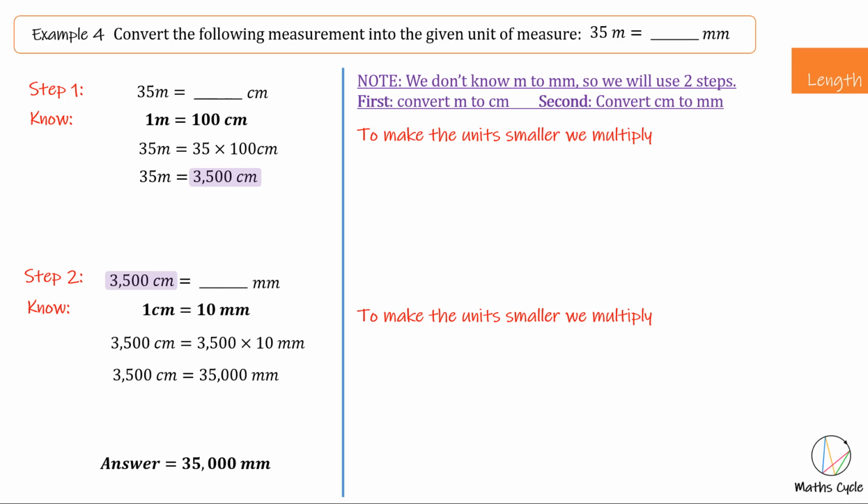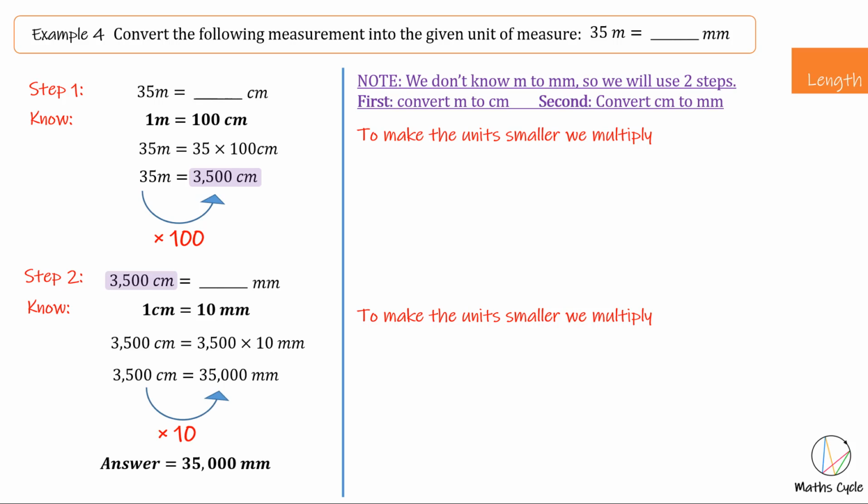Right, again, let's look at ultimately what have we done. Ultimately, we took the 35 meters and multiplied by 100 to make 3,500 centimeters. So changing to centimeters, multiply by 100. Ultimately, what did we do in the second part of the question?